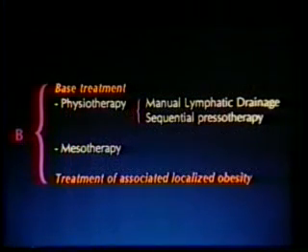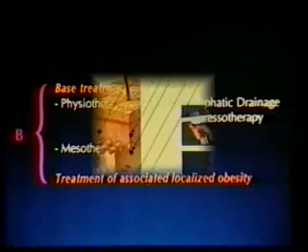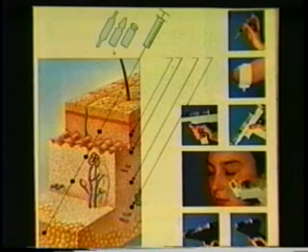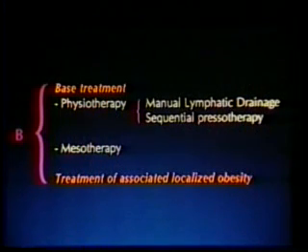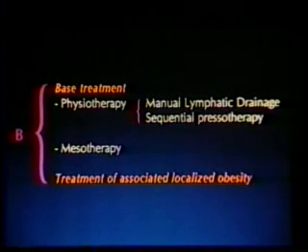Second, the base treatment itself, which includes physiotherapy through manual lymphatic drainage and sequential presotherapy, and mesotherapy allowing for direct introduction of active drugs into the diseased area. We should also include localized obesity treatment and associated pathology which worsens phlebopathies and shall later be discussed.